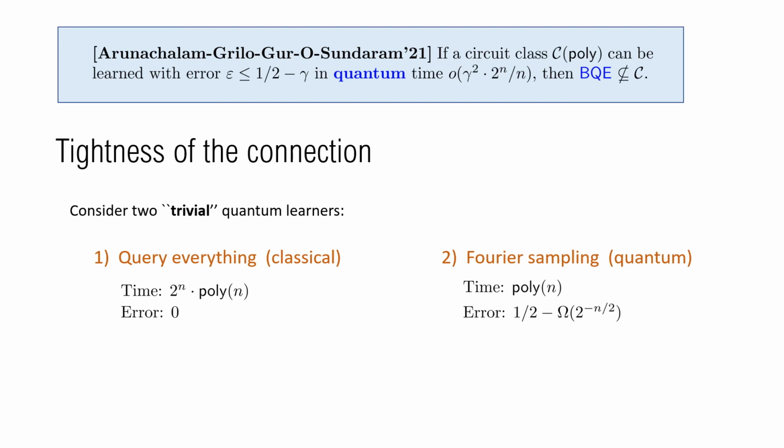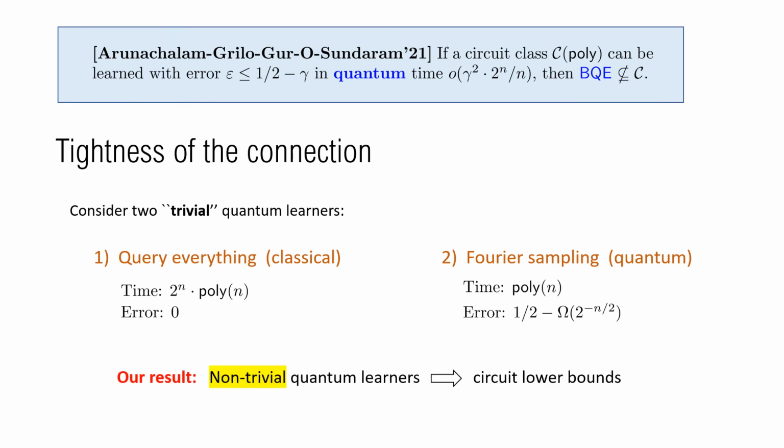So finding an algorithm that runs in polytime and achieves slightly better advantage would also give us non-trivial lower bounds. For this reason, because we only need to beat these 2 trivial algorithms, we say that our result is really stating that the design of non-trivial quantum learners is sufficient for circuit lower bounds.